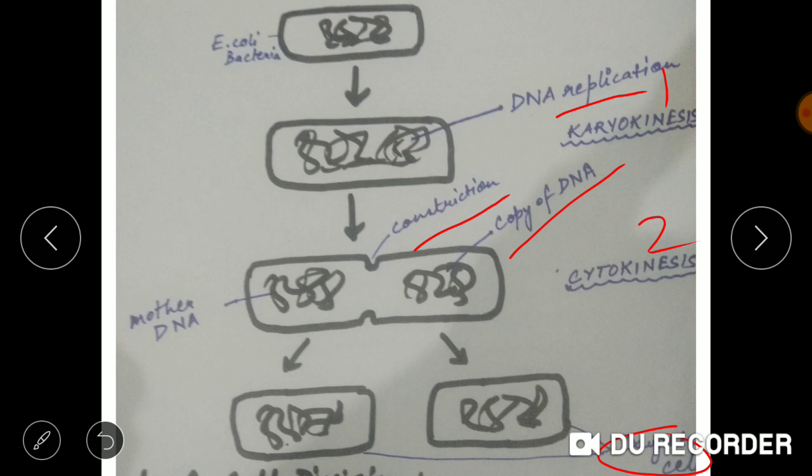The cytoplasm is separating by a slight constriction that deepens further within the E. coli cell, and at the end we get two daughter cells. So in karyokinesis, the nucleus is getting divided, and in cytokinesis, the cytoplasm is getting divided.